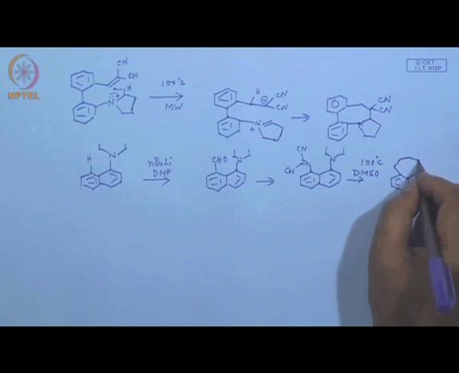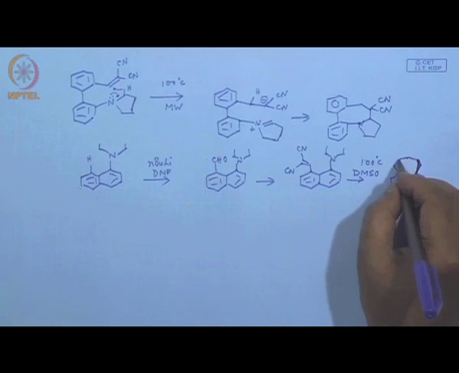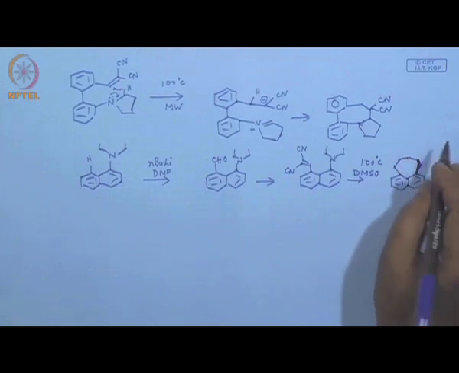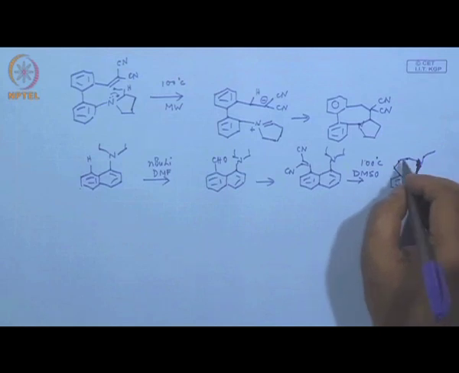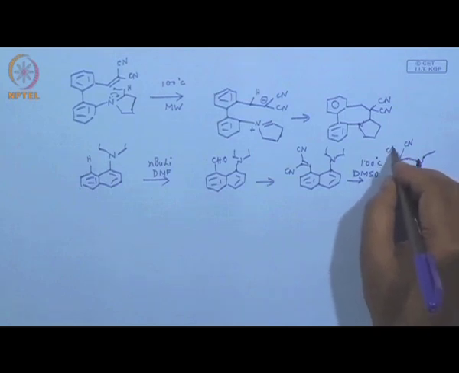And this would be nitrogen. So, you will have this one cyano, this one cyano, and then you will have this one group here, a methyl group here.